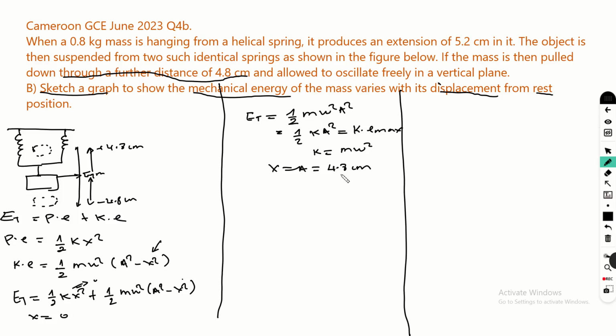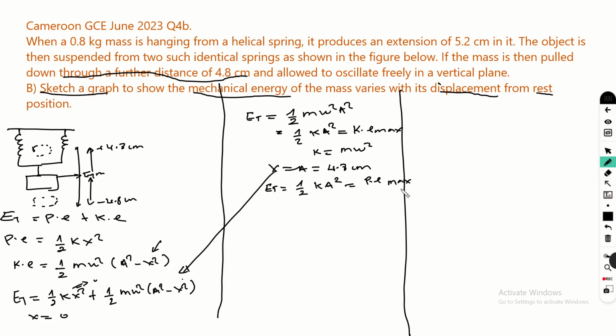So if you put x equals a into this equation, ET will be equal to half k a squared, because this term is also constant, and it's the same as the maximum potential energy.